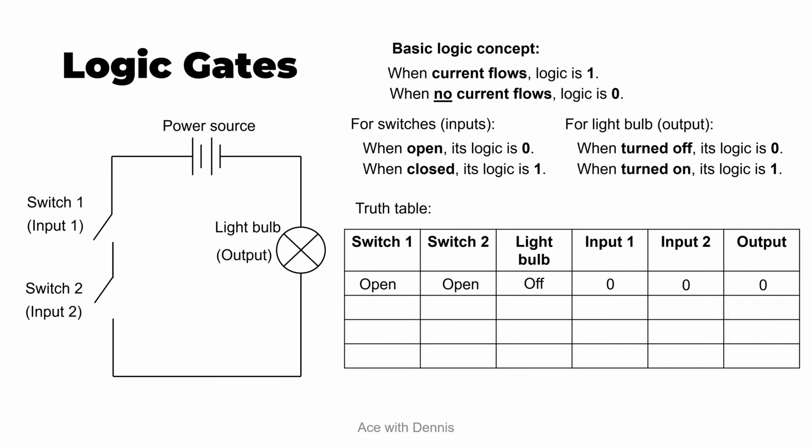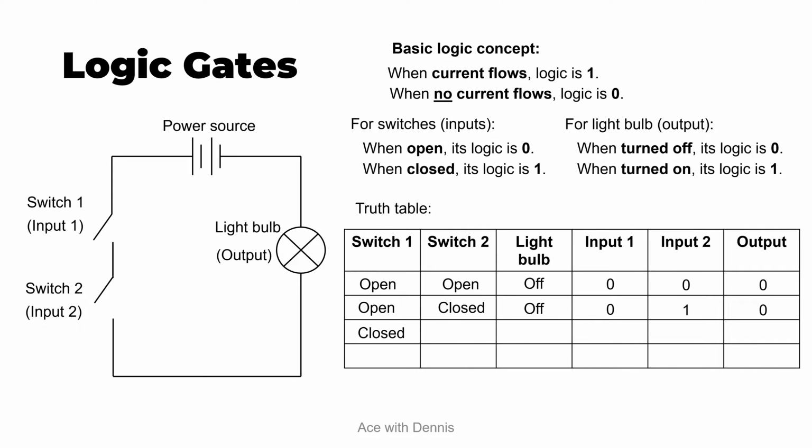Hence, the output is 0. Next, when the switch 1 is open and the switch 2 is closed, the input 1 will be 0 and input 2 will be 1. The light bulb will still turn off as there is no current flowing through the circuit. Hence, the output is 0.